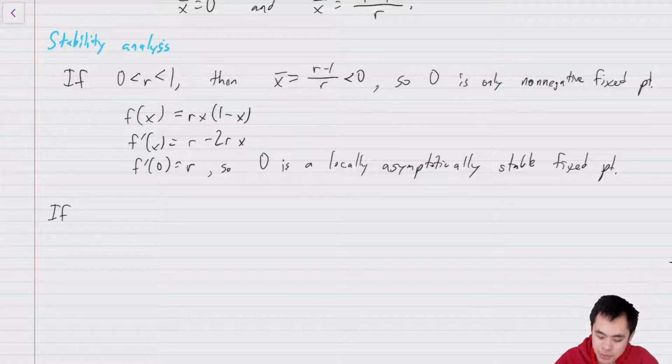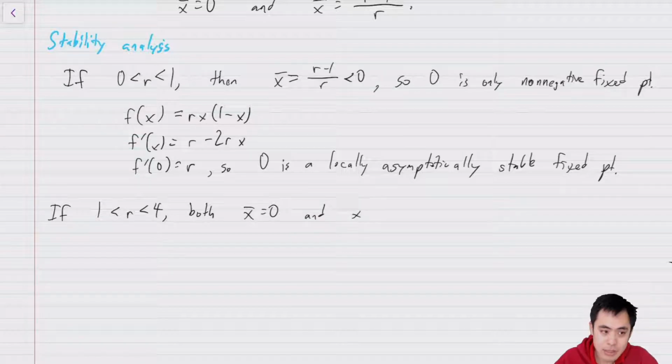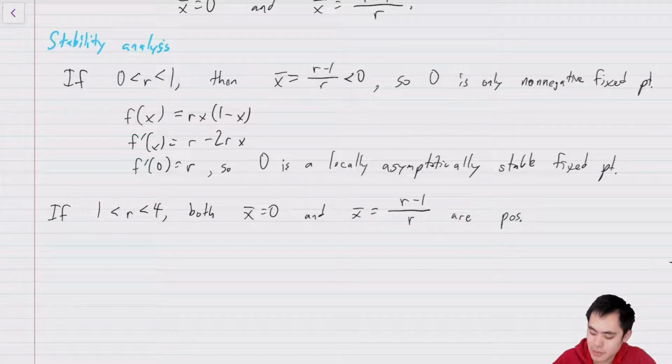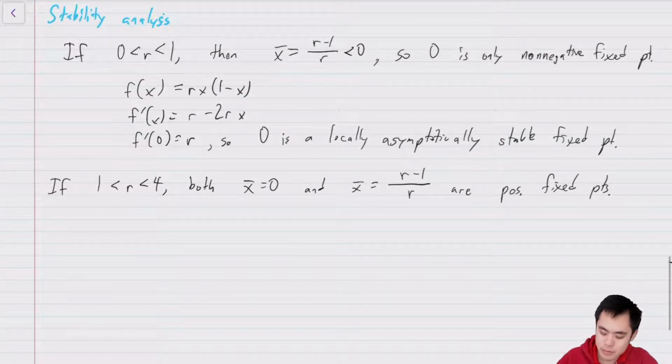Second, if 1 < r < 4, both x̄ = 0 and x̄ = (r - 1)/r are positive fixed points. Now we have two fixed points instead of just one.